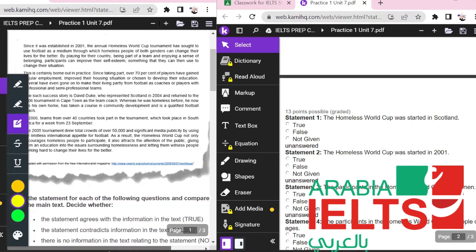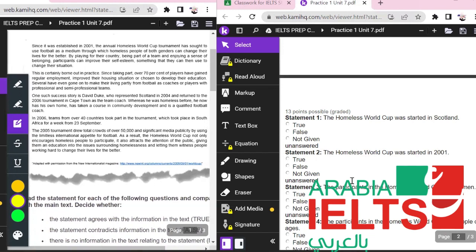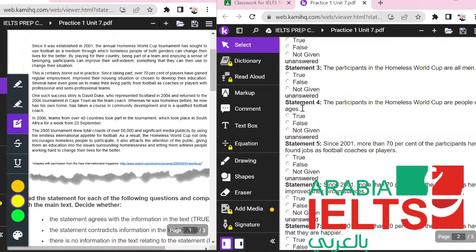Let's go to the next 3 statements, 4, 5, and 6. Sorry, this one is actually for statement number 4, and it's for the same paragraph.